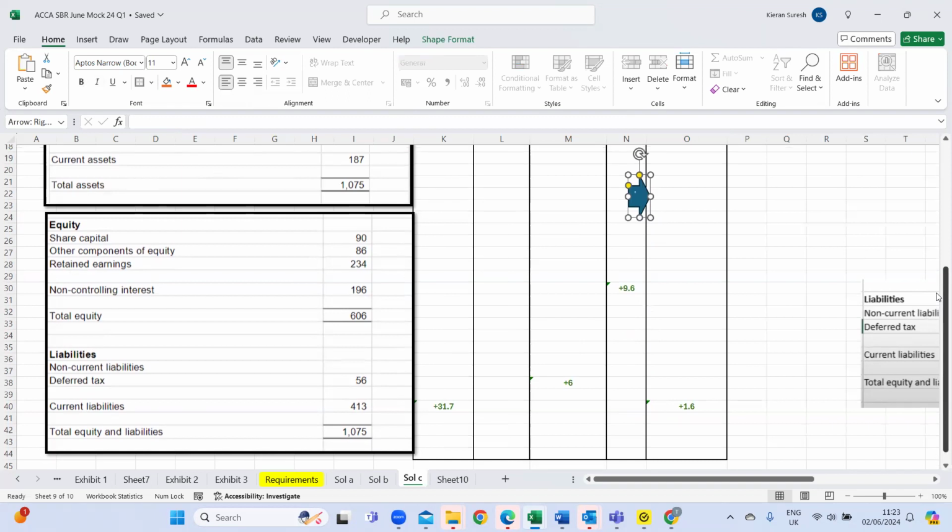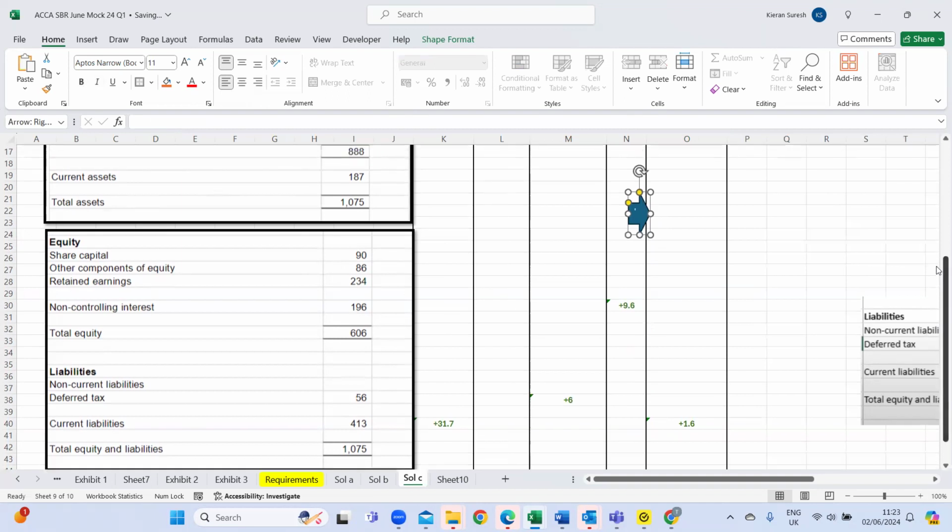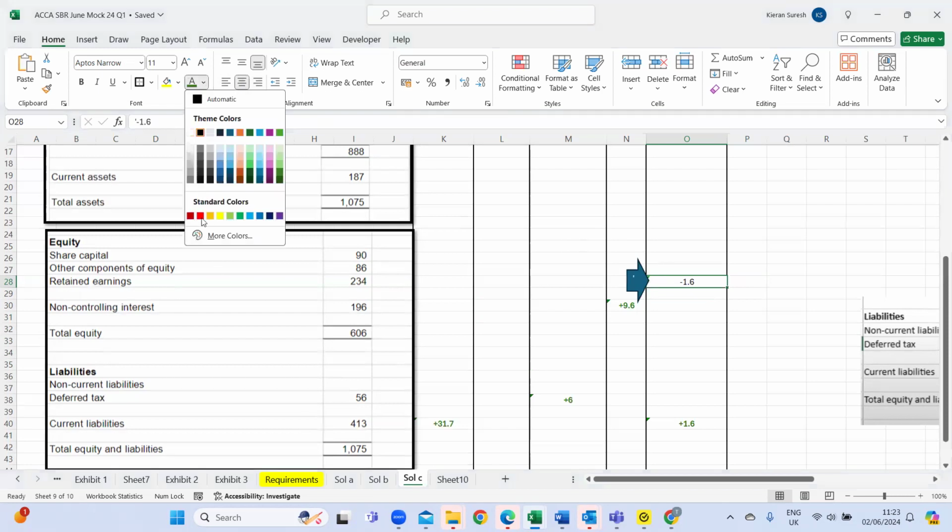Now the reporting debit has to go to the retained earnings. This is consolidated retained earnings 234, and on this figure there needs to be a charge of minus 1.6, a debit, which is the deferred consideration charge. I hope that's clear.